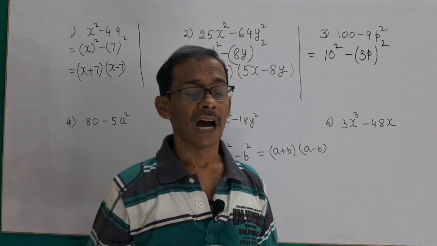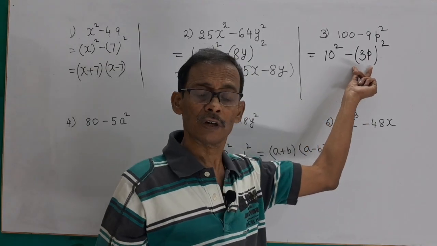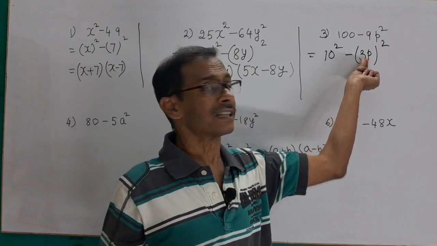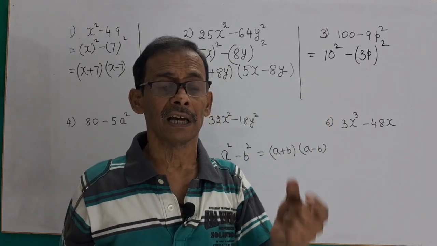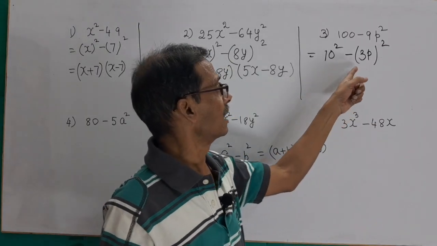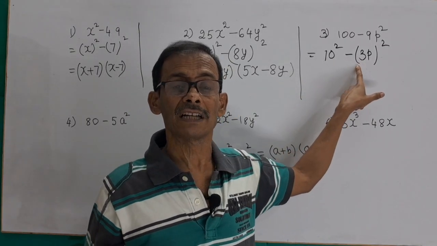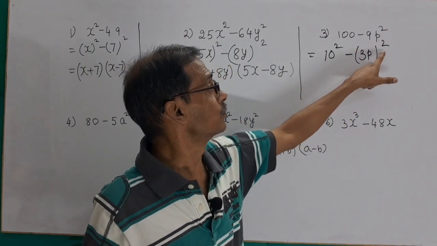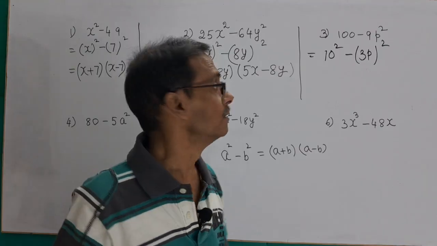Again and again I will tell, 3p whole square, putting the bracket and putting the 3p inside the bracket is essential. You cannot write 3p square. You have to write 3p whole square. That only implies 3p whole square equal to 9p square.